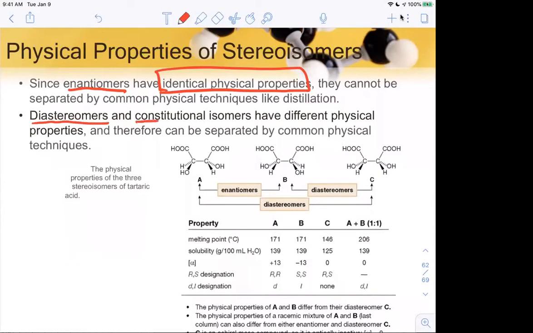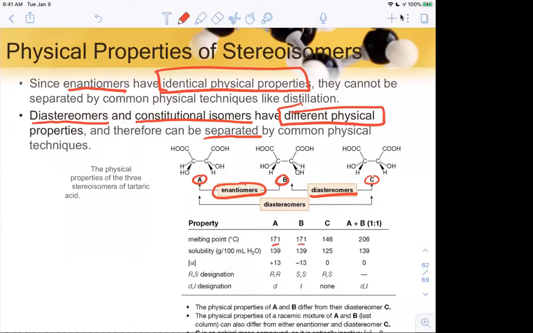Diastereomers and constitutional isomers have different physical properties, so they can be separated. Let's look at this. We're looking at 2 enantiomers, so A and B are enantiomeric, B and C are diastereomeric.